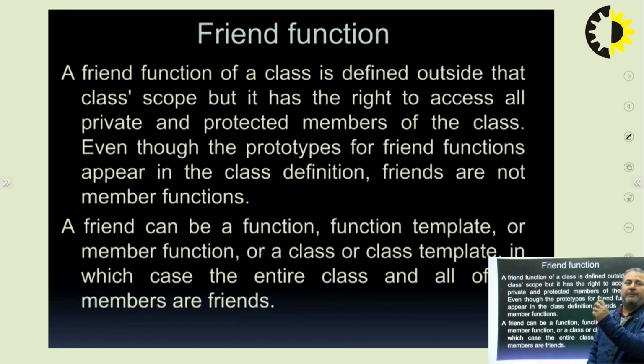Now, friend function. Before friend function, let me say one thing. There is a class. As I already mentioned, a class contains only two things: one is data, second is function, right?